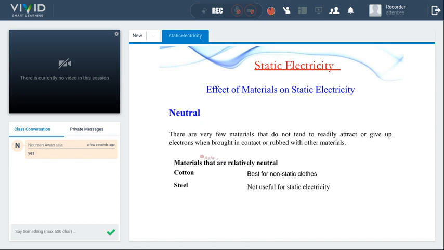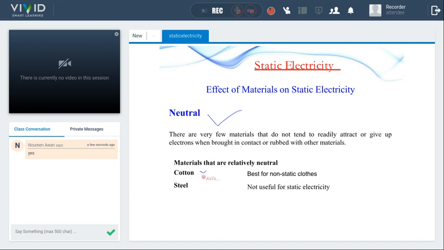Neutral ones are the very few materials that do not readily attract or give up electrons. When brought in contact or rubbed together, they show no phenomena. Just like cotton, you feel comfortable in cotton in winter and in summer, because it does not get charged.